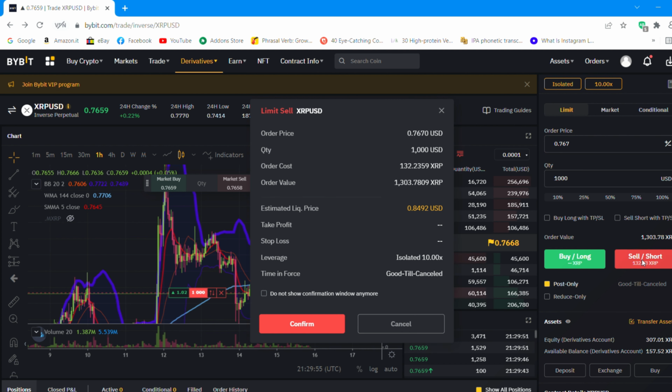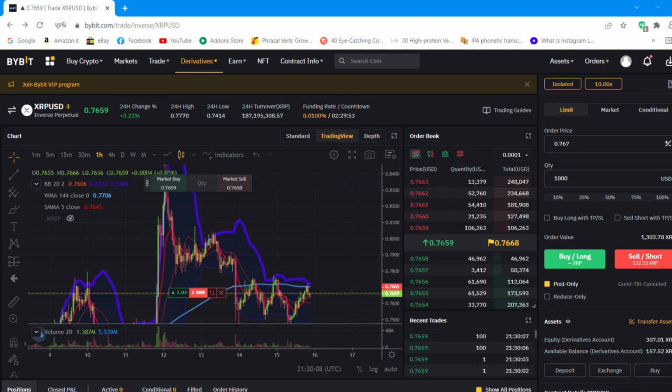Sell. Very good. Okay, so I'm trying to show you an error window that appears when the price of the limit order is close to the last price over here. When those prices are similar, you will get a message saying that the order might be executed as a market order.